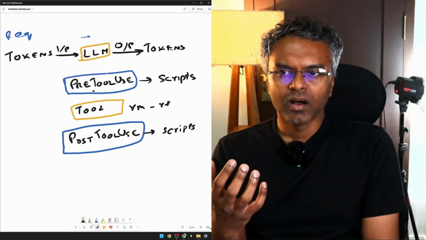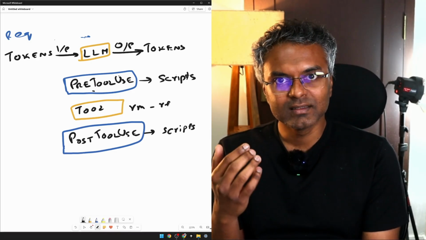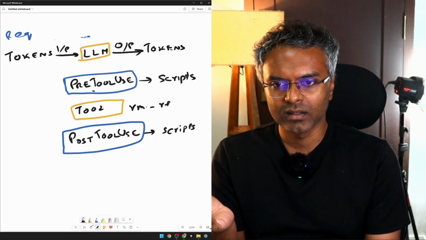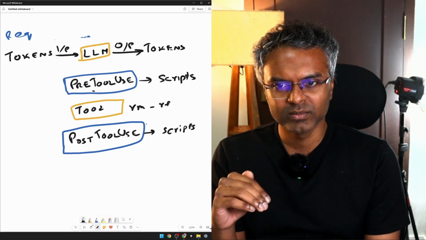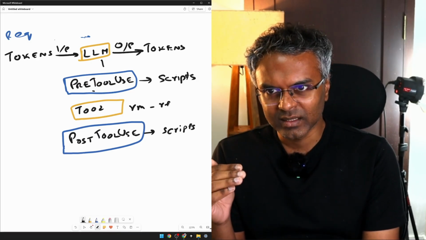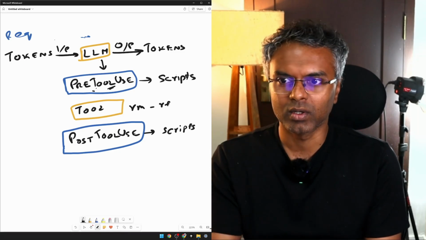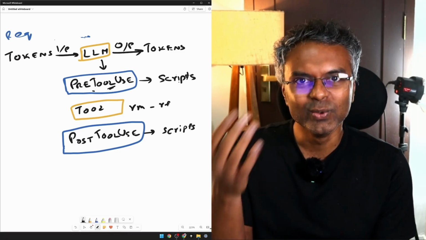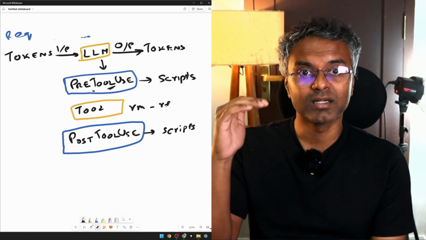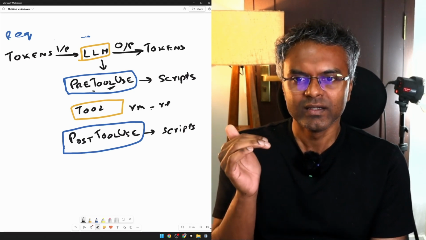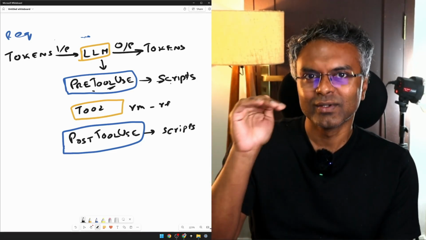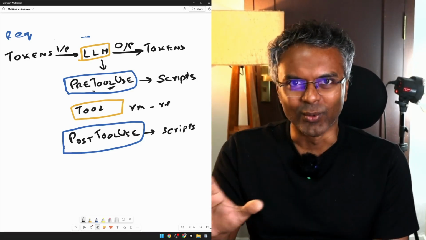Now, the cool thing is, the bash command comes through as standard input, and the output of running that command comes out as standard output. So you can intercept the command that is coming from the LLM in your pre-tool use hook and add logic. Maybe using regular expressions, you can say, if this is the command coming through, we intercept it, and if you're trying to delete the assets folder, don't.